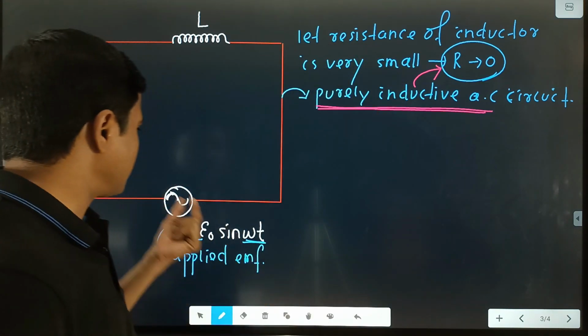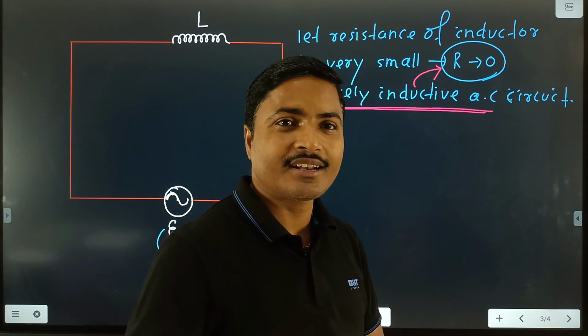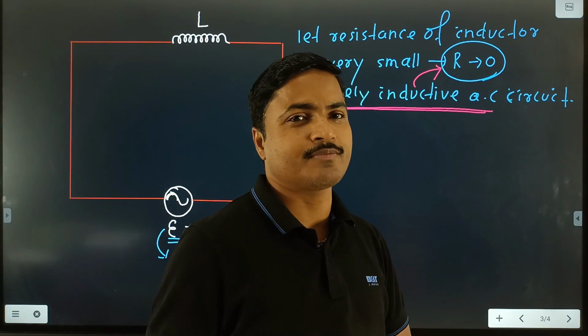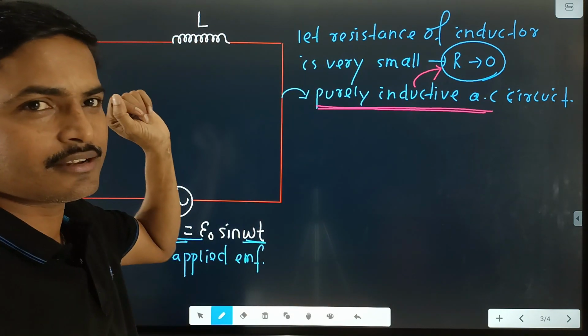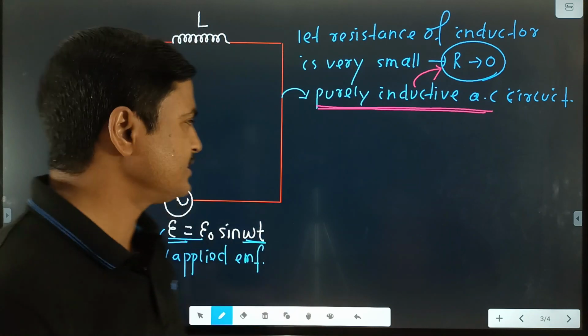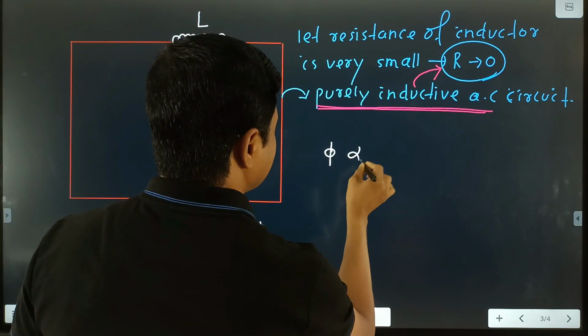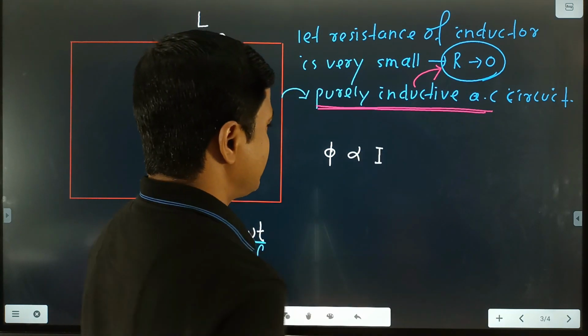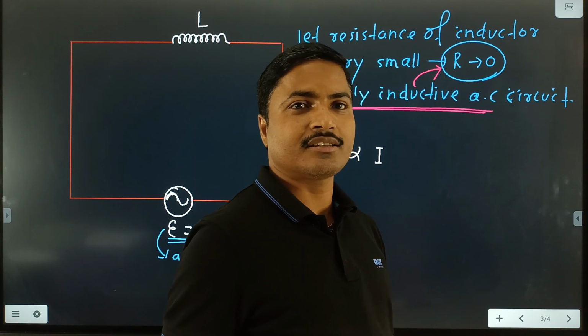That means for alternating current, if current is changed continuously with respect to time, the magnetic field is changed and the magnetic flux is changed. That means magnetic flux, phi, depends upon current. If you increase the current, the field is increased, flux is increased.